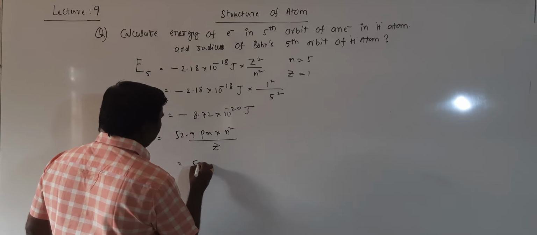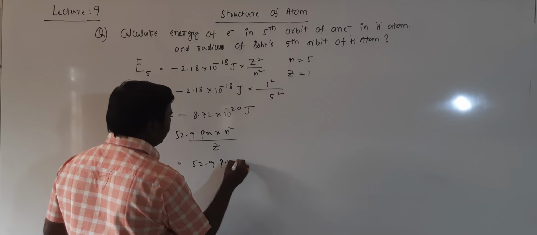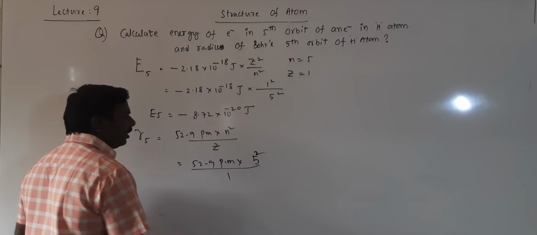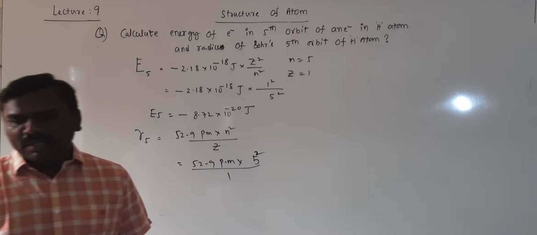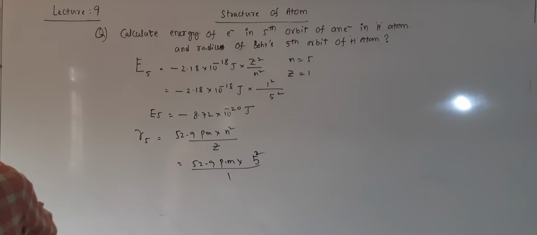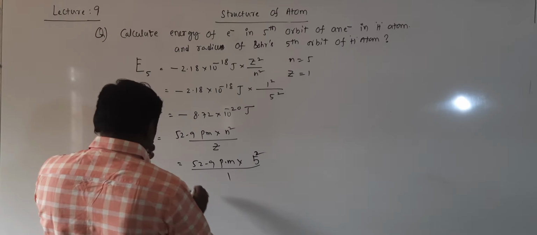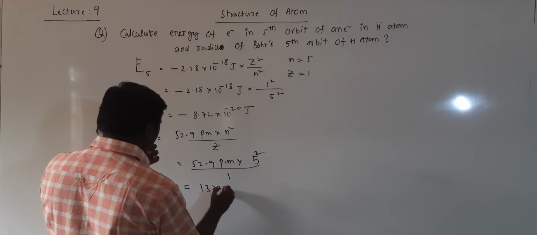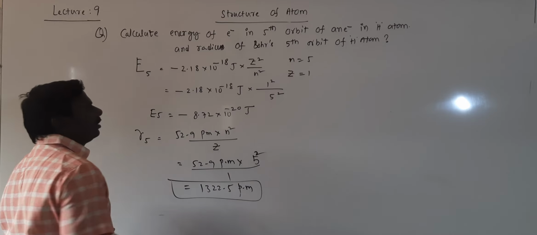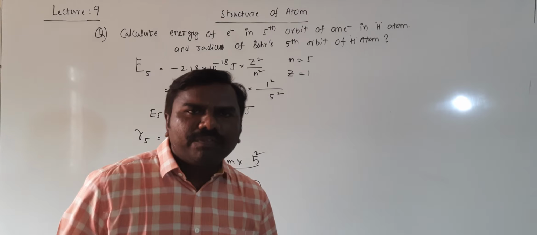Then 52.9 picometers into n, which is 5 square, by Z, which is 1. By solving this, you will get the answer: 1322.5 picometers. That is the answer for the radius of the fifth orbit.